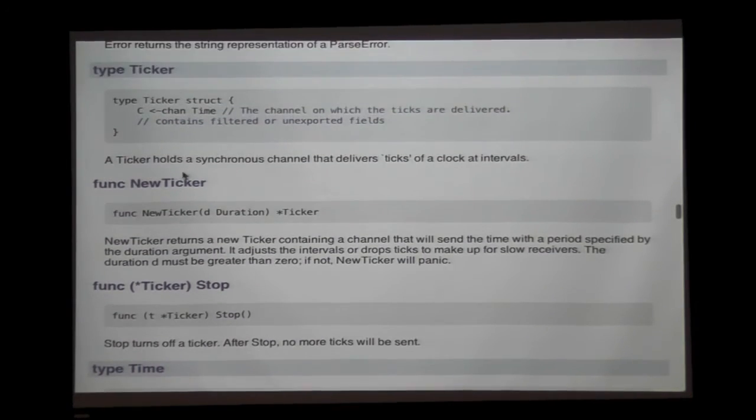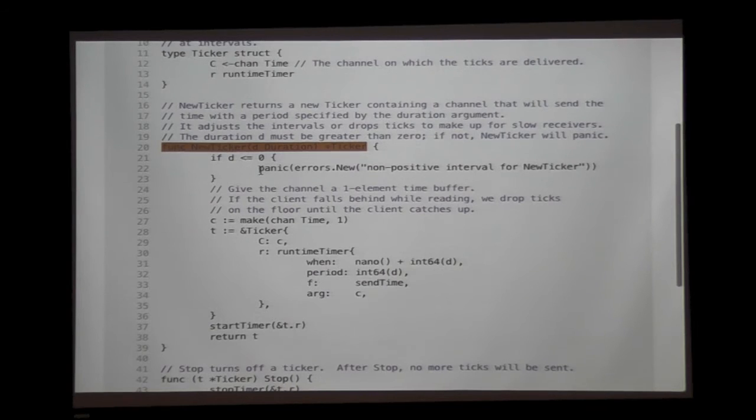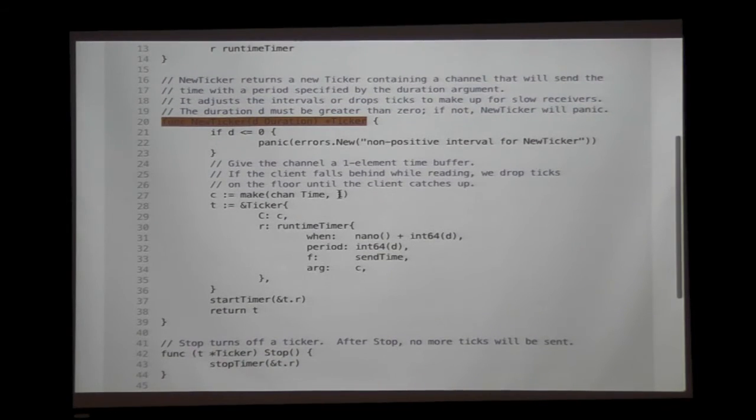And let's see inside NewTicker how they do it. It will panic if the duration is less than 0 because it's an int64. I wonder why they didn't put an unsigned in. Oh, because you want to have a negative duration. Yeah. Okay. And then you create a channel of Time with only one value.